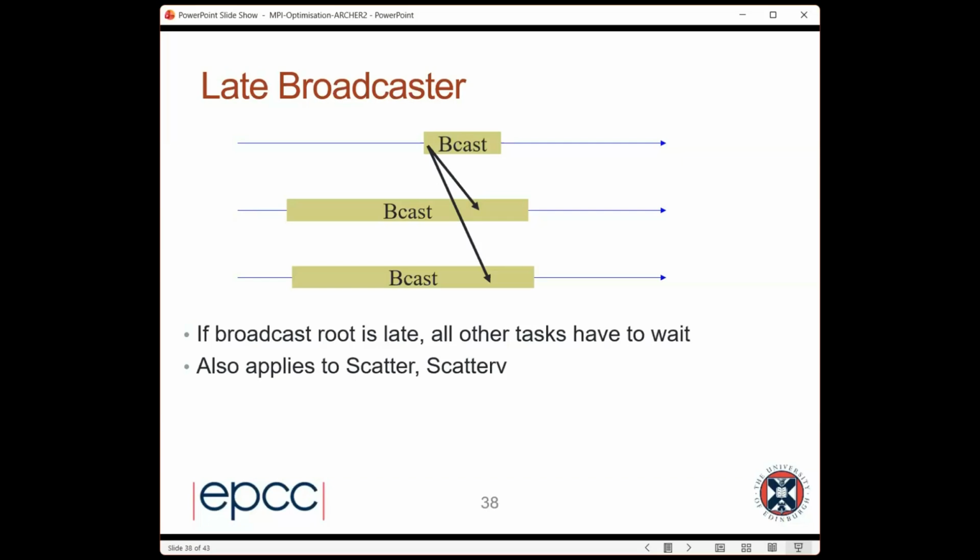And you do see this one an awful lot, because often what you're doing is broadcasting data from the root process that you have read from file. So all the processes other than the root process have called the broadcast, while the root process is reading data in from file before calling the broadcast. Now that probably can't be avoided, but that's often where you see it.